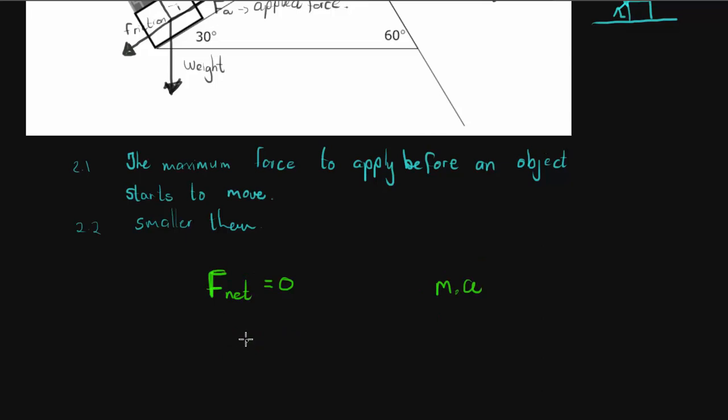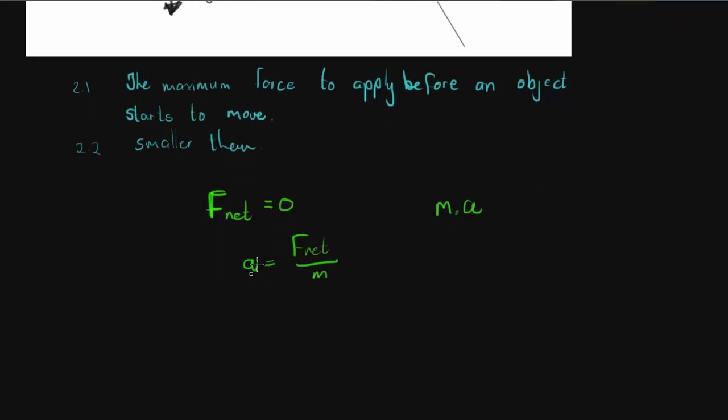Another way you could have done it, because this is Newton's second law: acceleration is net force over mass. So if it's going at a constant velocity, it means acceleration is 0.